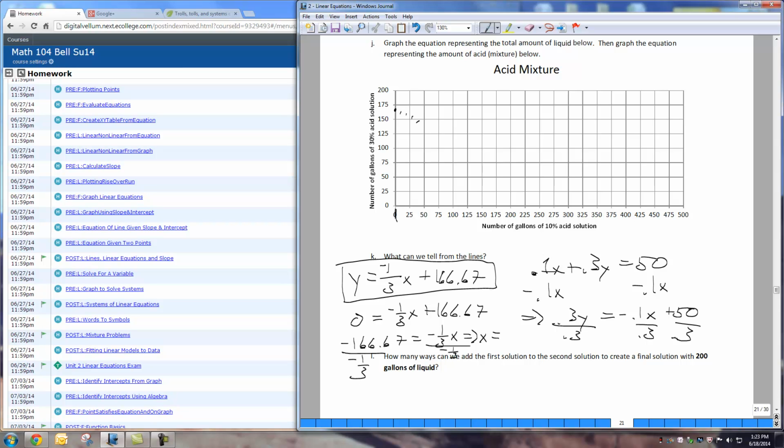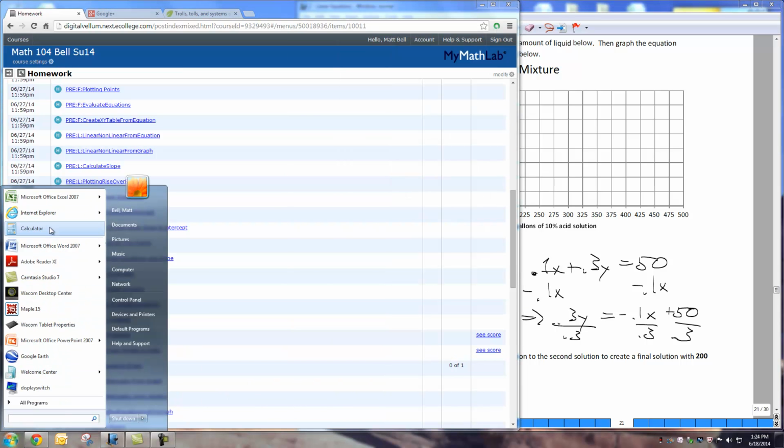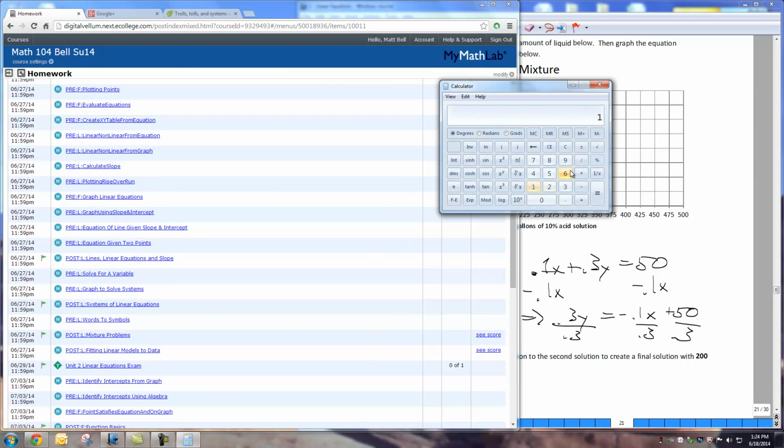Remember, dividing by negative 1/3 is the same thing as multiplying by negative 3. So I'm going to take 166.67, negated, times 3 negated.